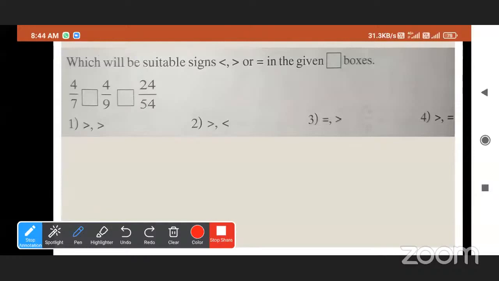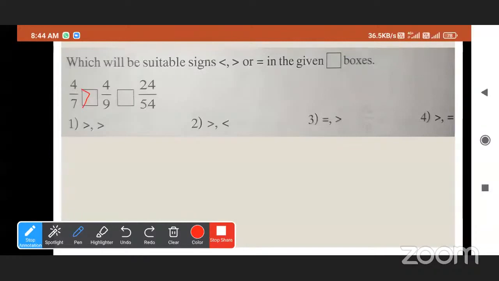So 4 upon 7 is smaller than, greater than, or equal to 4 upon 9? Smaller than? No, that is incorrect. 4 upon 7 is greater than 4 upon 9. Now 4 upon 9 is greater than, smaller than, or equal to 24 upon 54?